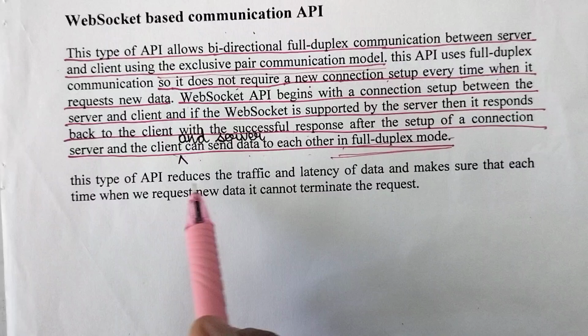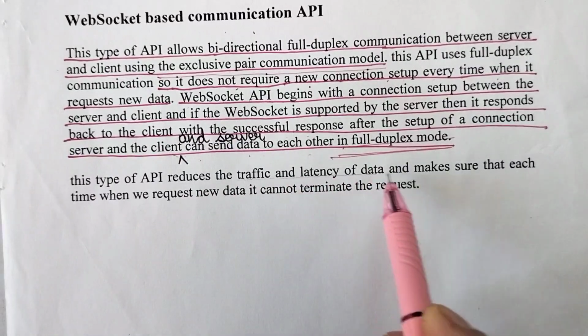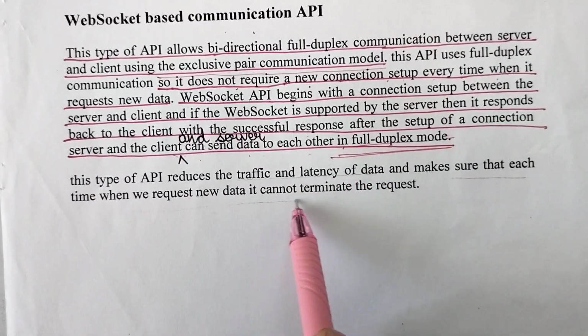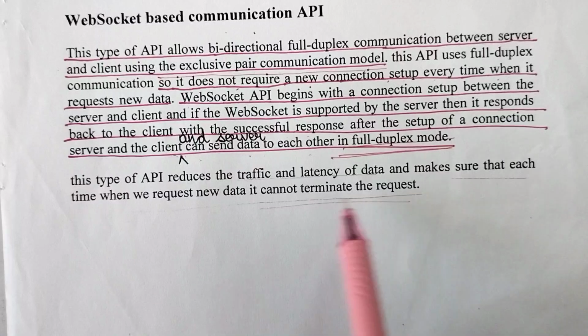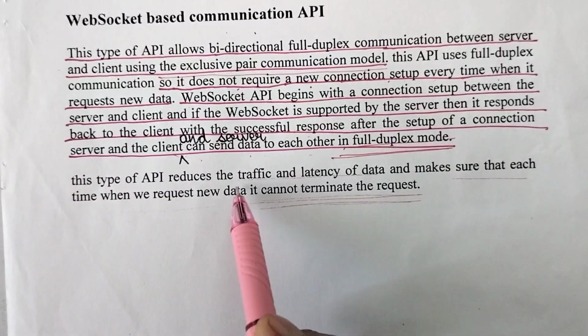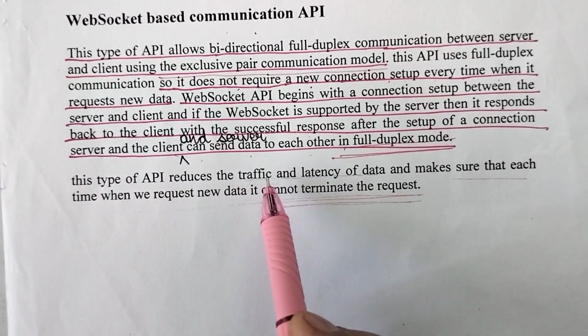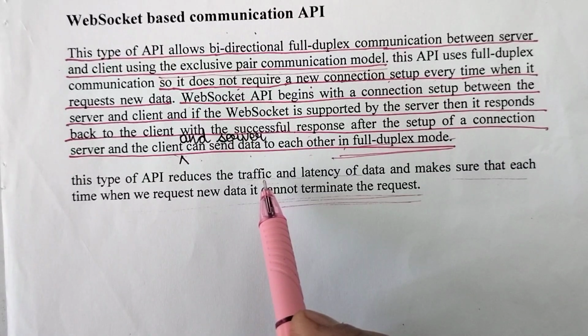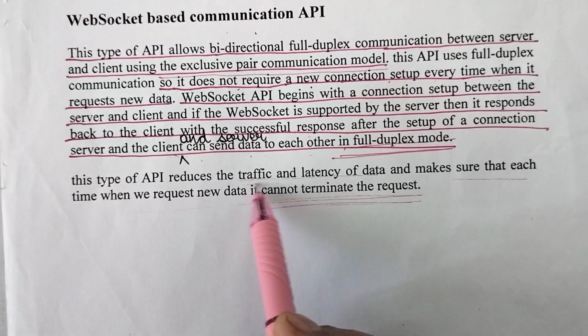Now, this type of API reduces traffic and latency of data and makes sure that each time we request new data, it cannot terminate the request. So, basically traffic is reduced here for the obvious reason that there is only one pair of client and server. The traffic would only be from one client side, and not multiple clients. So, definitely traffic is reduced.